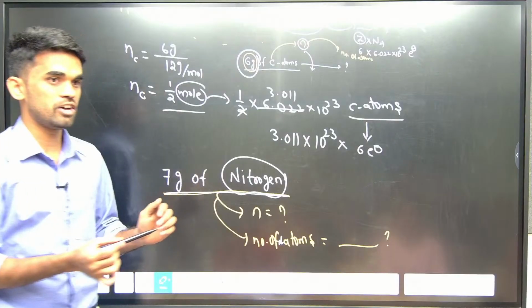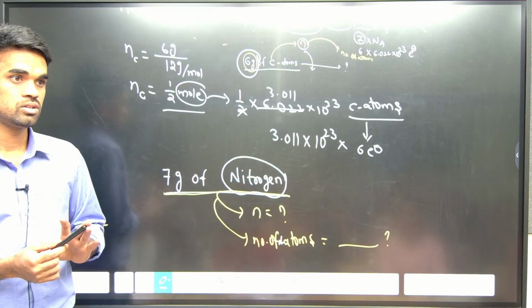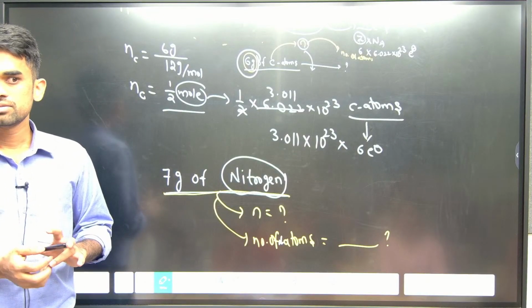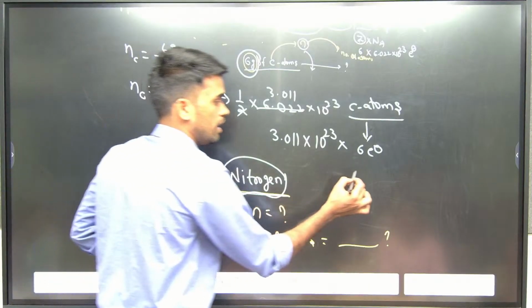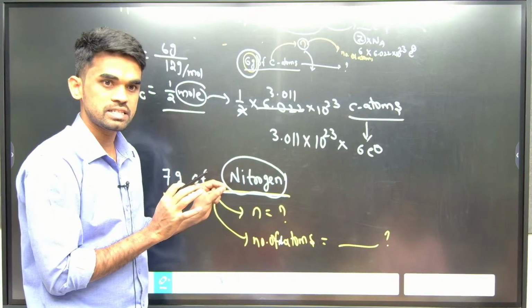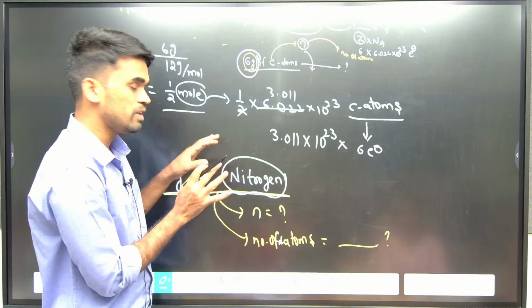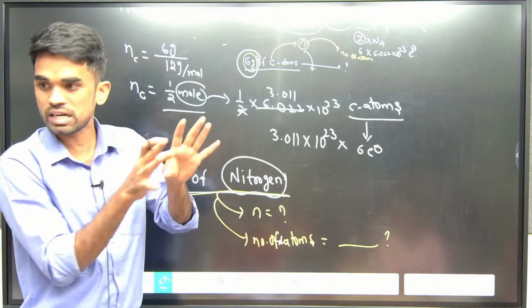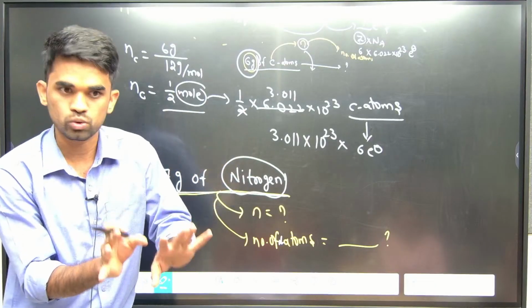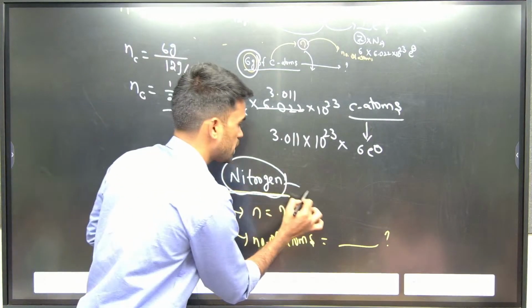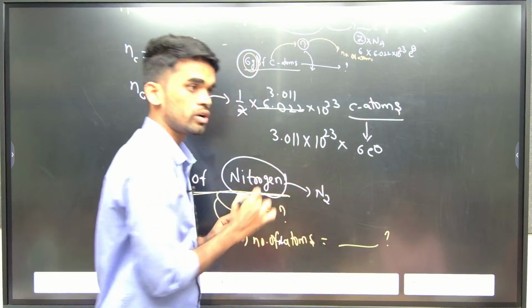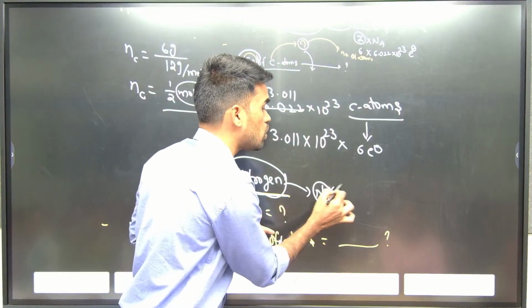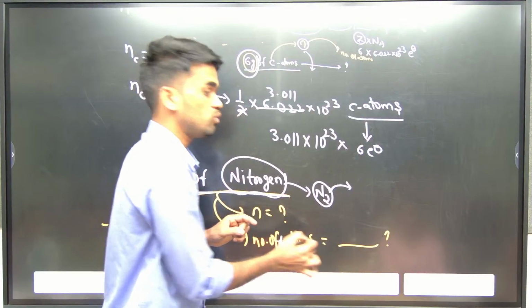So now tell me the number of moles. 7 by 14? See, in nature, how does nitrogen exist? N2. So when we indicate only nitrogen, by default you consider it as N2. If I take N2, what is its molar mass? 28.